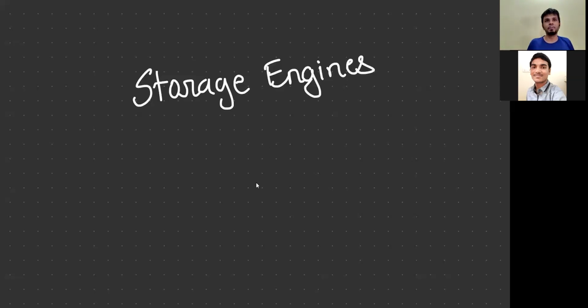So for folks who don't know about this, MySQL, in general any database, has a storage engine. This storage engine's job is to implement the core data structures, for example using B plus trees to store rows and tables and columns and clustered indexes and whatnot. Each storage engine has its own way of storing things.